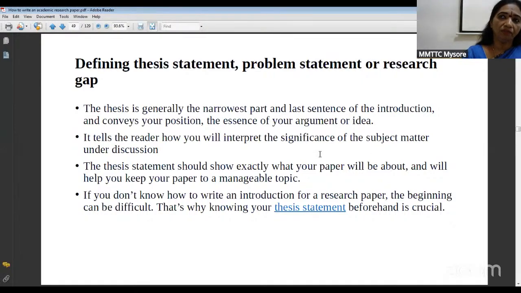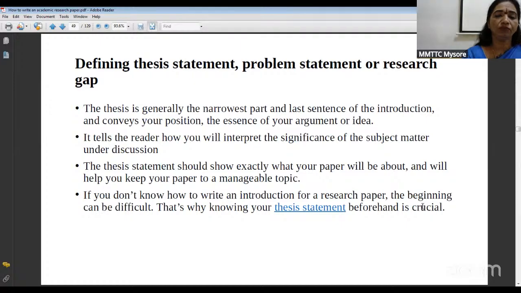What we are going to do, or what we are going to contribute in the discussion, should be hooked in the introduction part. The thesis statement should show exactly what your paper will be about and will help you keep your paper to a manageable topic. If you don't know how to write an introduction for a research paper, the beginning can be difficult. That's why you should know your thesis statement beforehand.